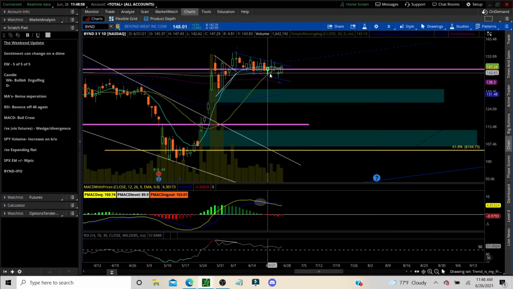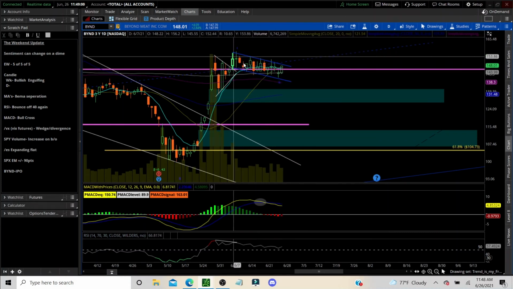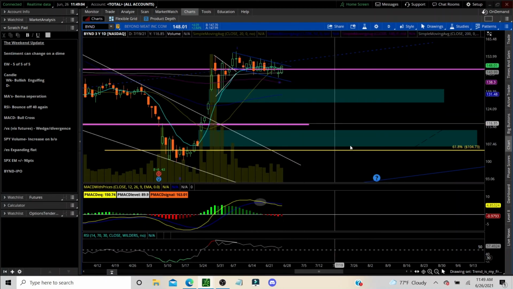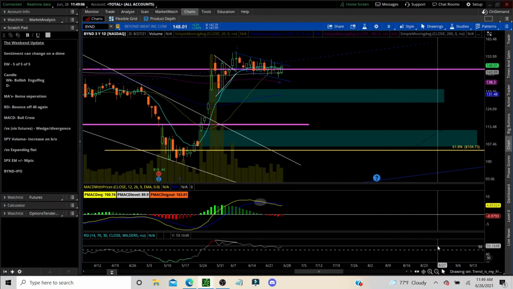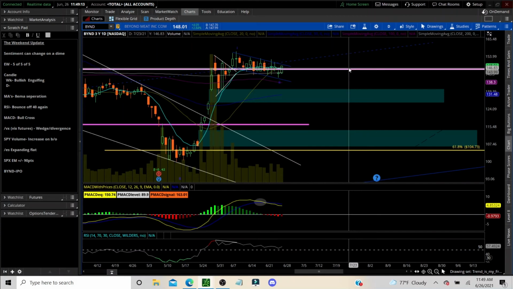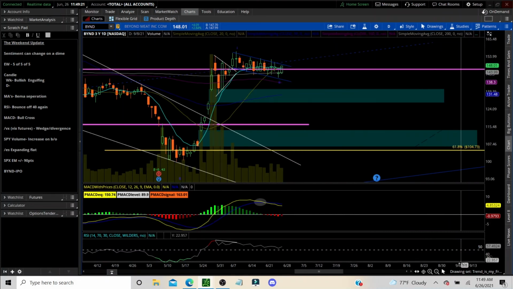It couldn't break down from the 200, reversed. So we have this flag action that actually worked really perfect with this channel. We regained the 200, so that'll be a good guideline of keeping this trade steady. Plus, we had resistance and once support, and now hopefully we'll use this as support again now that we're pushing back above it, but we have to break out of that flag first, that channel.